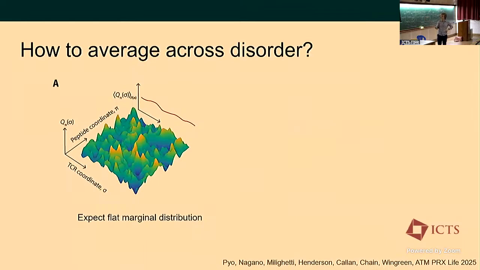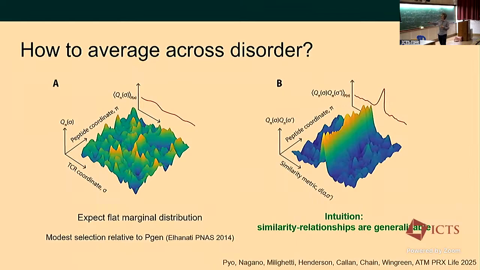And so this actually turns out to be sort of what you see. There is actually relatively modest selection relative to generation probabilities in just the overall repertoire, for example, that we see in the blood. However, what if we now align things in some way by a similarity metric, where we say we know one receptor that binds, and we now look at how far away I am from a receptor that binds? If you take a neuroscience analogy, that's a little bit like taking a spike-triggered average.